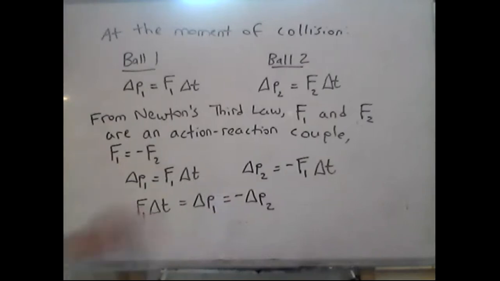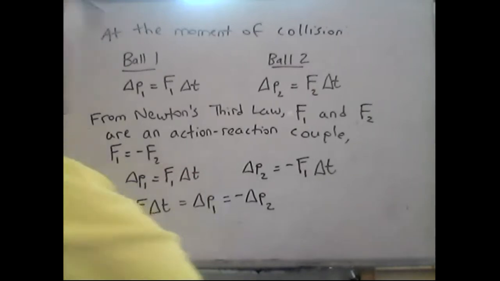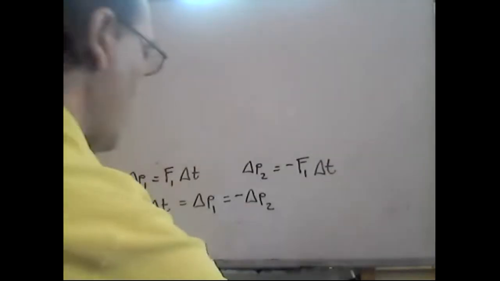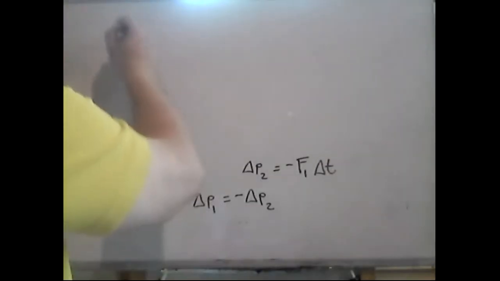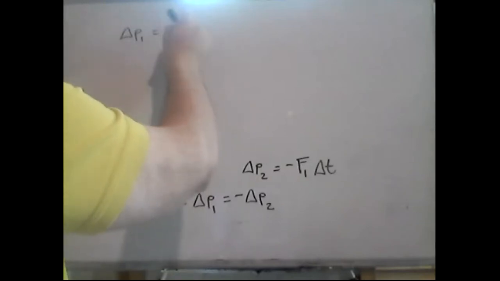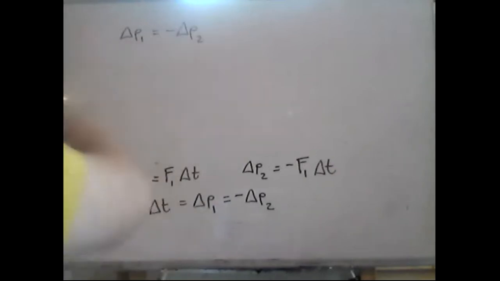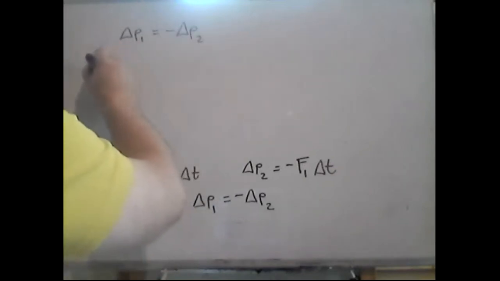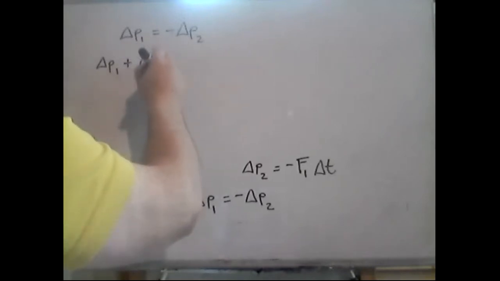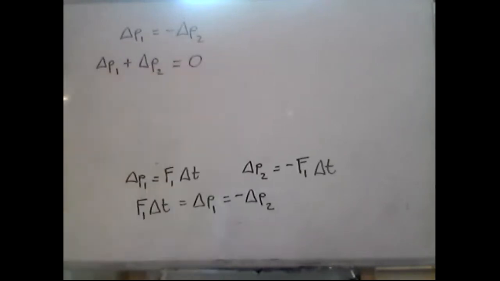All right, so I can eliminate F1 delta T. Now what do I have? Okay, I'm talking about the moment of collision. What I have now is simply delta P1 is negative delta P2. Put the delta P2 on the other side. I have delta P1 plus delta P2 equals 0.